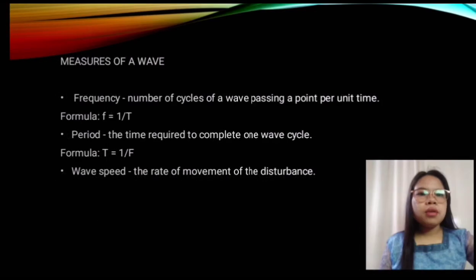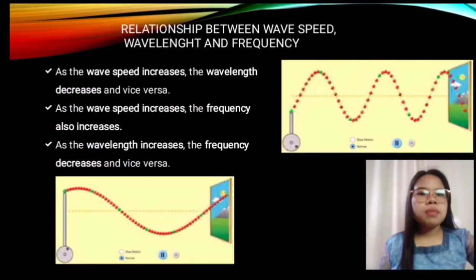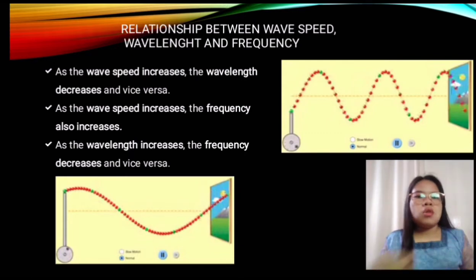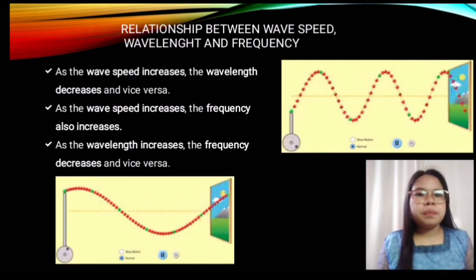Okay, we go now to the relationship between wave speed, wavelength, and frequency. First, as the wave speed increases, the wavelength decreases and vice versa. In the illustration, as the wave speed increases, we can see that the wavelength, or the measure of every peak of the wave, decreases.